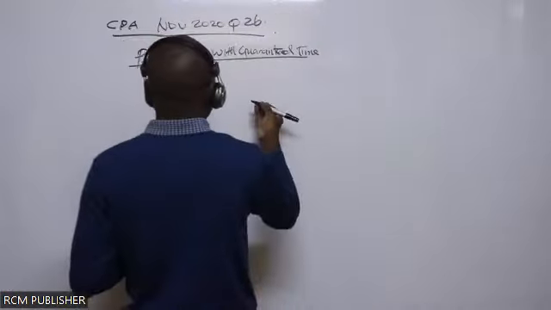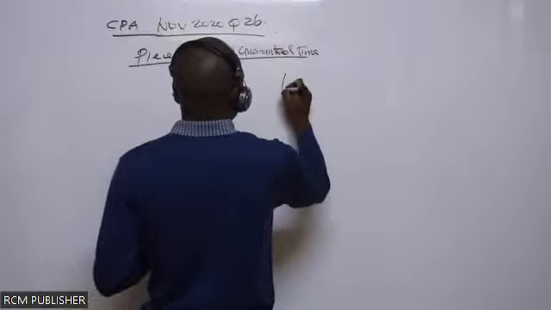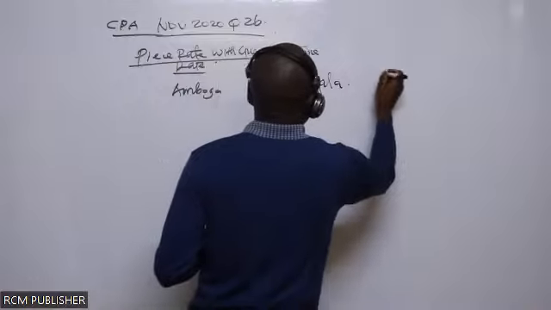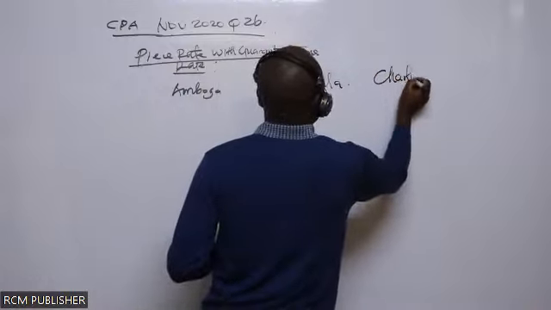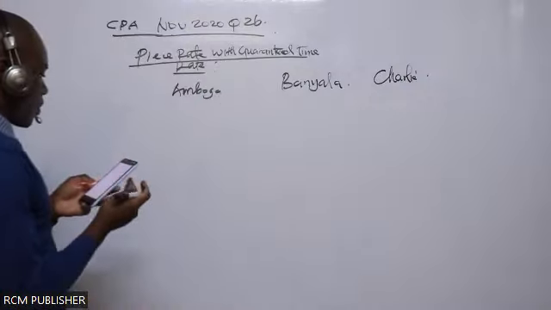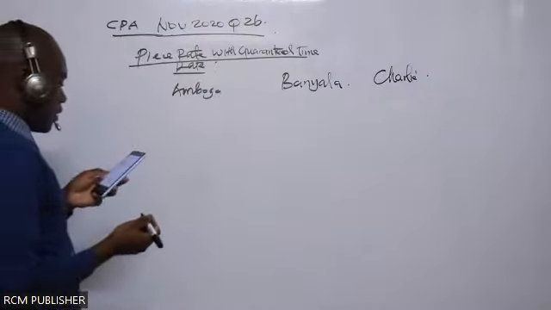So we are going to have Banyala, then Charlie. So we have this one here.